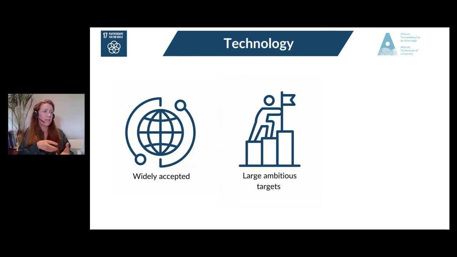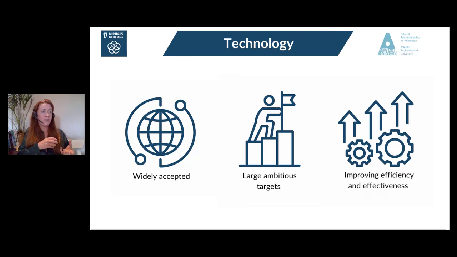And it is recognised that technology development can play a significant role in achieving the Sustainable Development Goals and their targets by improving the efficiency and effectiveness of new and more sustainable ways of development.